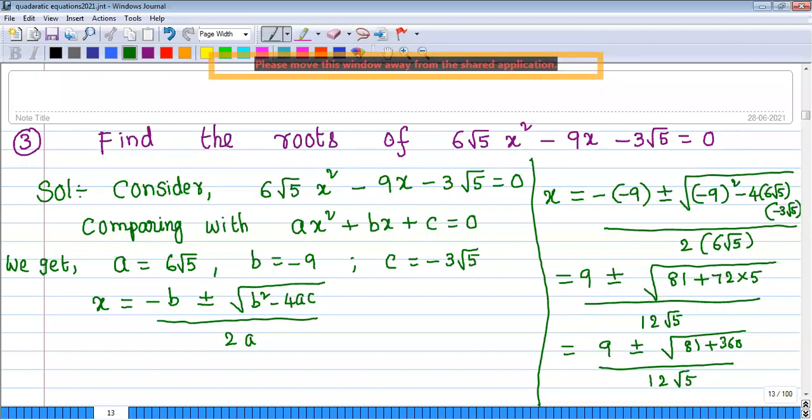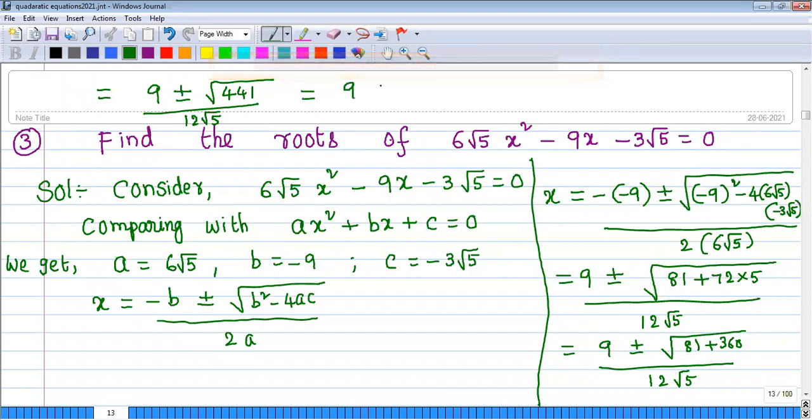Okay, 360 plus 81, how much? 441. Very good. Is 441 a perfect square? Yes, 21, because 21 into 21 is 441. So we get 9 plus or minus 21 by 12 root 5.